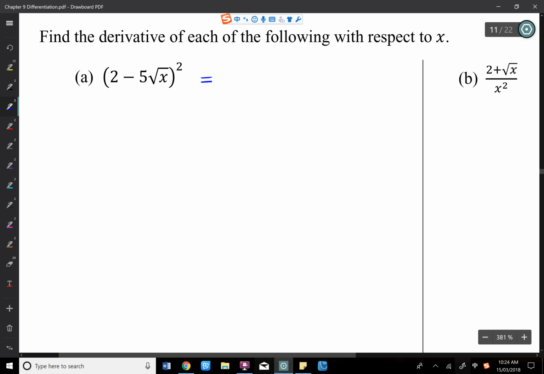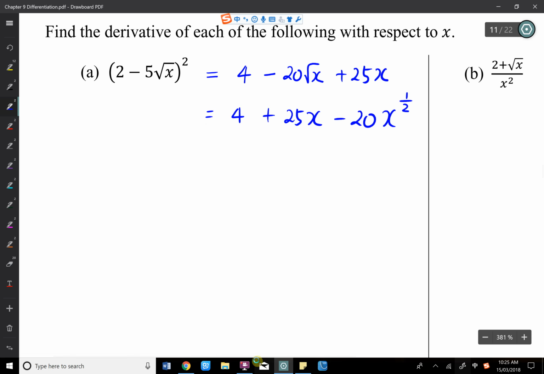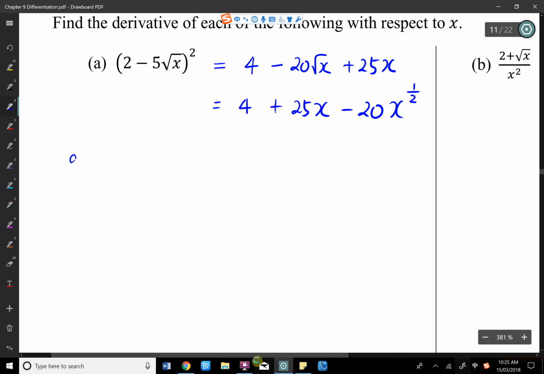So this equals 4 minus 20 root x plus 25x. And that equals 4 plus 25x minus 20x to the power of a half. Okay, so how can I represent the derivative? I will say d dx of this.